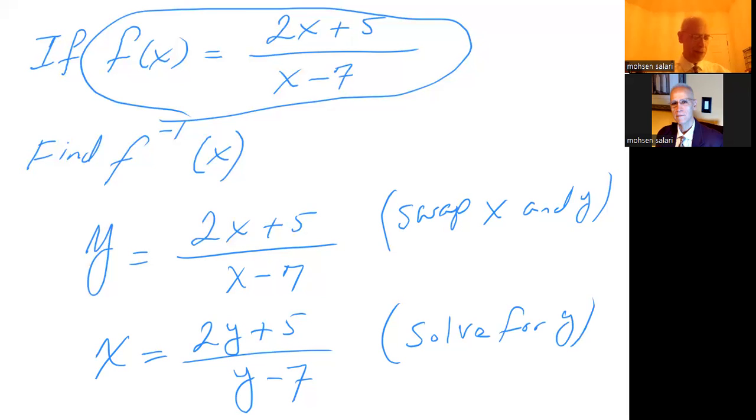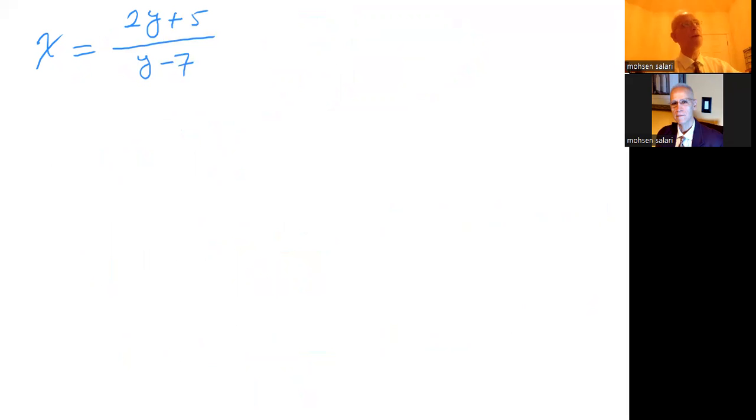So I do have x equals 2y plus 5 over y minus 7. Let me go ahead and go to the next page. Let me write it here. We said x equals 2y plus 5 over y minus 7. Now I want to solve for y. The first thing I'm going to do is multiply both sides of this equation by the LCD, y minus 7, or you can think of this as cross multiplication.